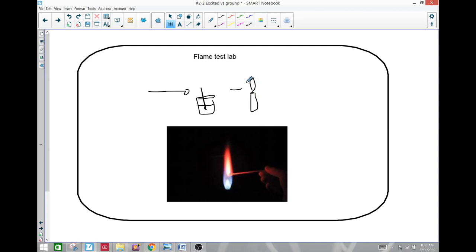So you stick it in here, and you get some different colors coming out. Those colors are reflective of the electrons moving around, shooting up to a higher energy level and coming back down and giving off a photon of light. That photon reaches your eyes, okay, and you are going to see a color.